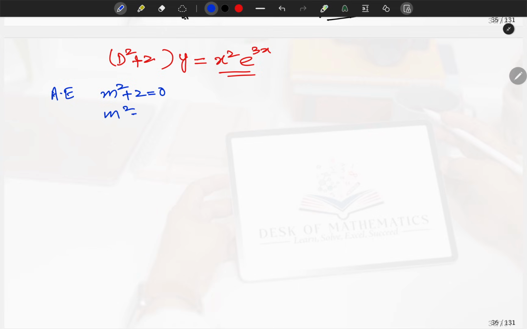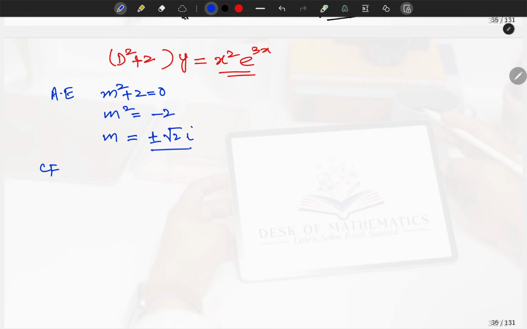This is very important. The question will be, for example, d square plus 2 of y is equal to x square e raised to the power 3x. So here you have the product. Okay. So auxiliary equation m square plus 2 is equal to 0, m square is equal to minus 2, m is equal to plus minus root of 2 iota.